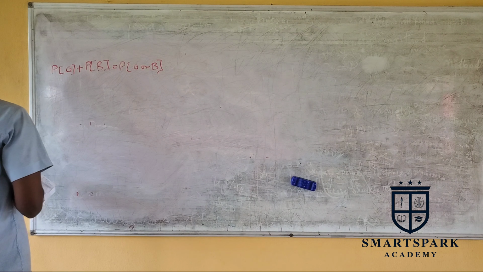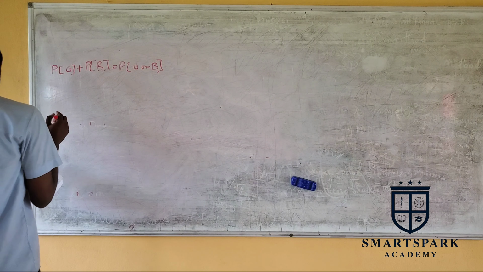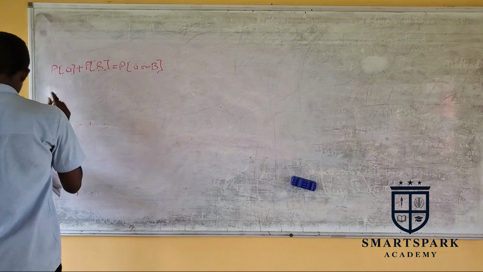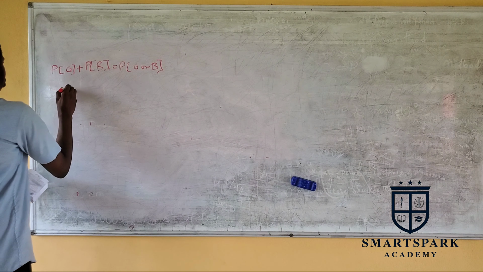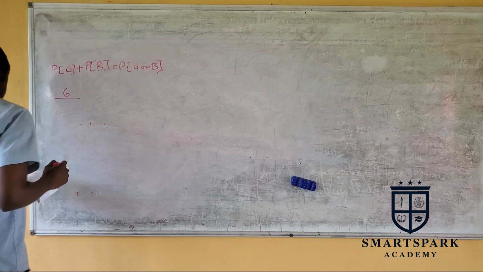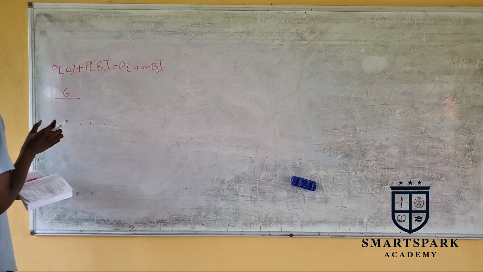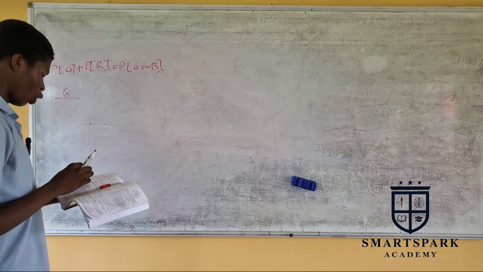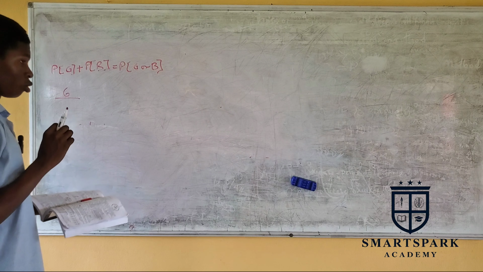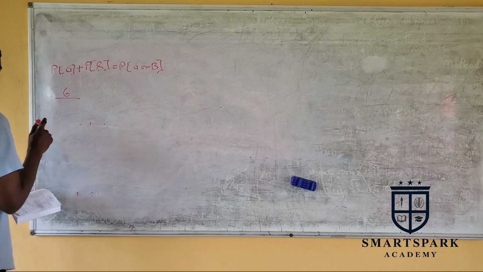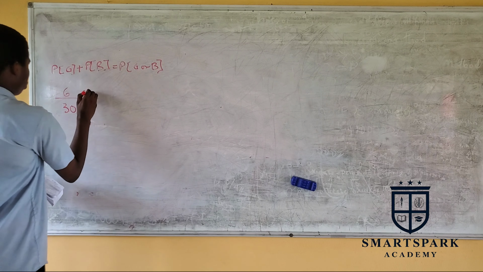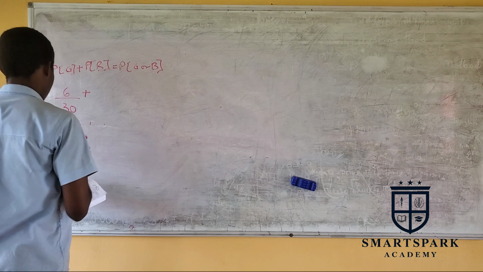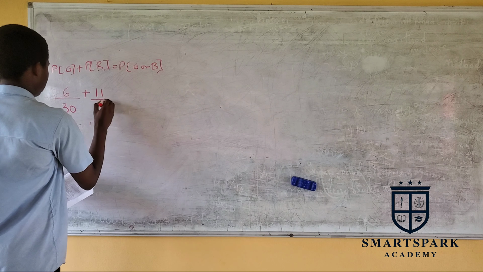So the probability of being a grape is what? Is the total number of grapes in the basket divided by the sample space. So now the total number of grapes is 6 divided by the sample space, which is the summation of the total number of fruits, which are grapes, bananas, and oranges, which is 6 plus 11 plus 13, which sums up to 30, plus total number of bananas is 11 over 30.